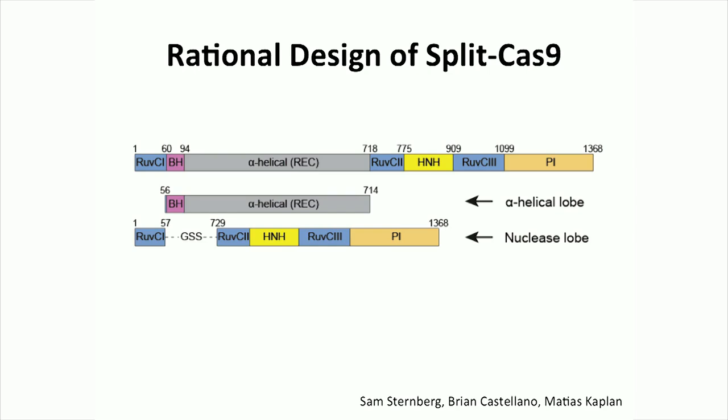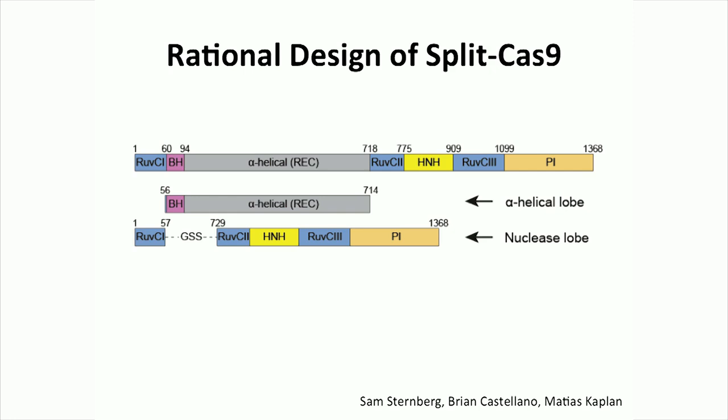So I just wanted to remind you. I showed you a cartoon like this yesterday, but this is just illustrating the way that the individual components, the domains of this protein, are laid out in the primary sequence. And what's most striking is that the three parts of the blue domain that are one of the catalytic domains of the protein, called RuvC, are actually quite far apart in primary sequence space, right?